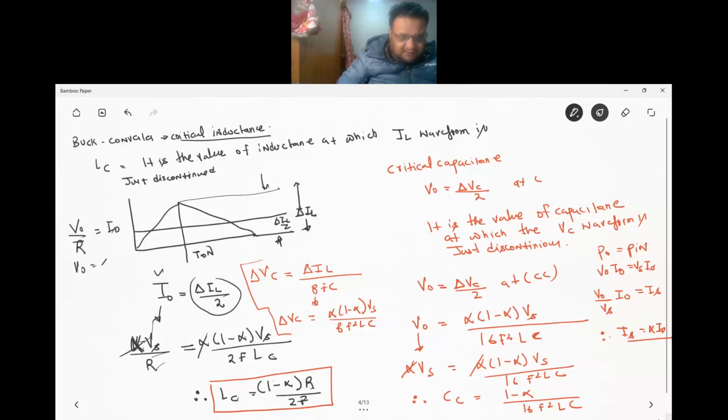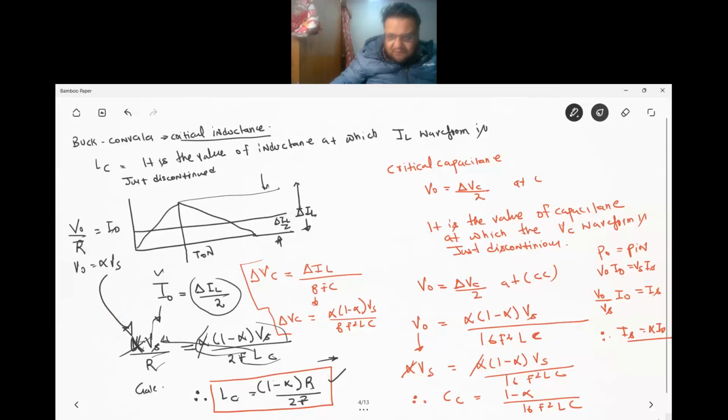V naught is nothing but alpha Vs. Same thing I put over there, alpha Vs by R. And delta IL is alpha into 1 minus alpha into Vs divided by FL, into 2. So keep this, alpha here cancels out. LC would be equal to, this is an important result that you need to remember for the GATE examination. So GATE important result.